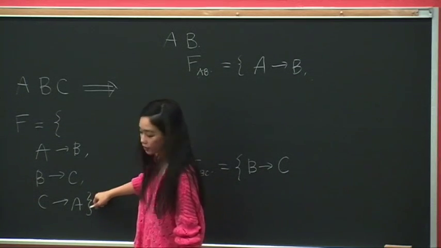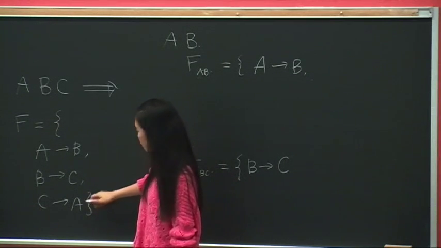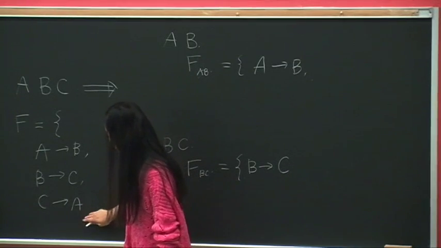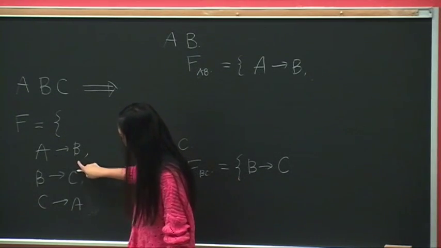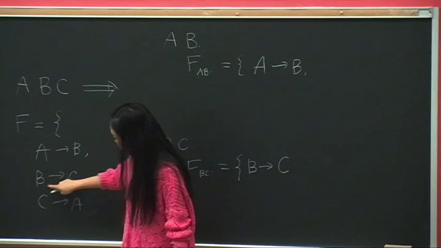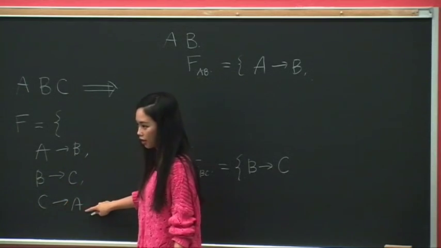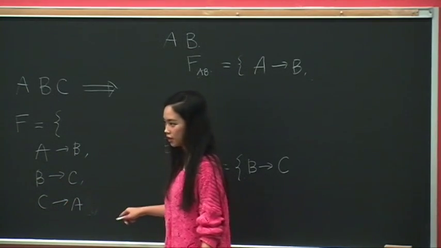But actually, if you derive here a bit more, we have more functional dependencies from here, right? If we derive it into a closure, what else can you see based on A determines B, B determines C, and C determines A, if we try to use transitivity?